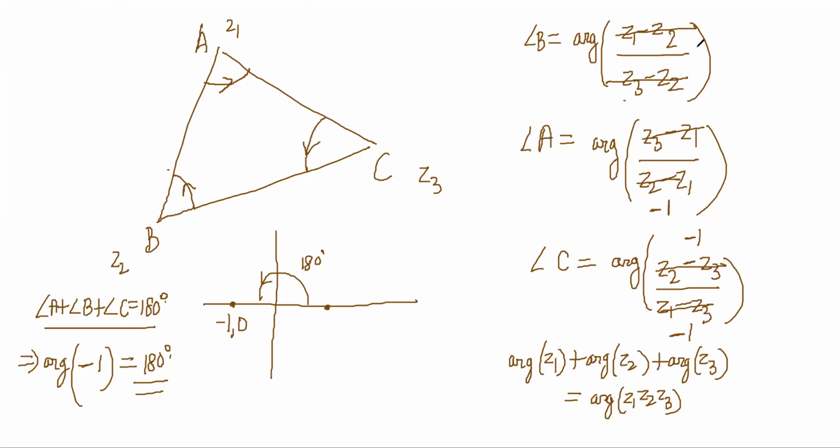Then basically you have not labeled the angles correctly. The fact that it cancelled nicely and became minus 1 proves that our method of labeling is correct. Everything is fitting. A plus B plus C is giving argument 180, right?